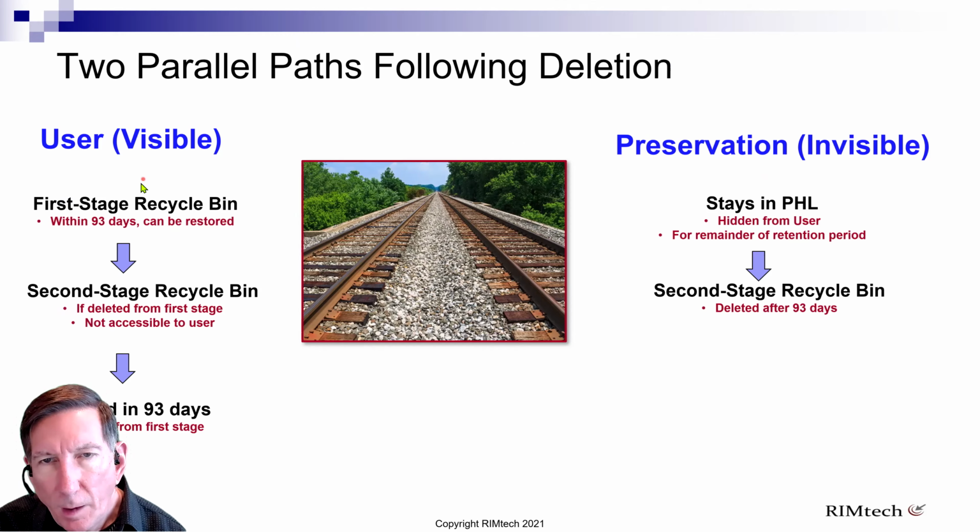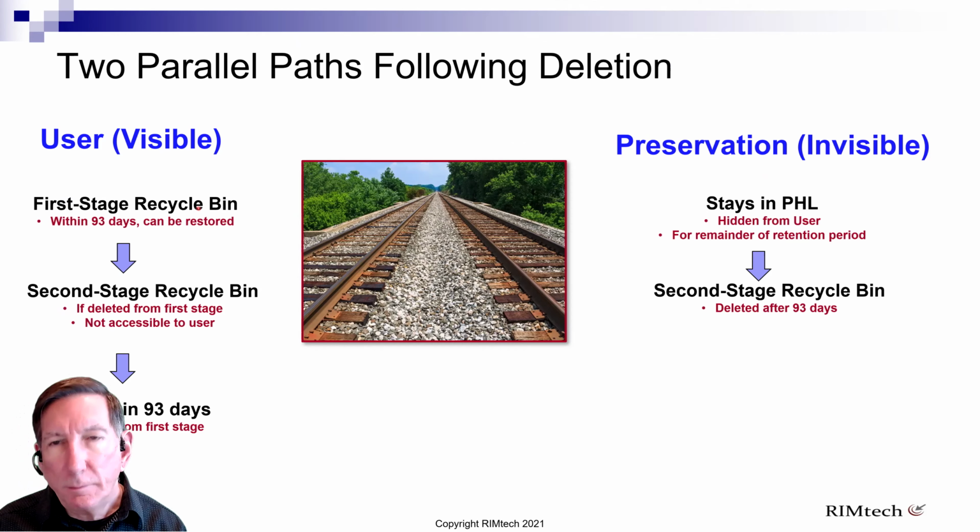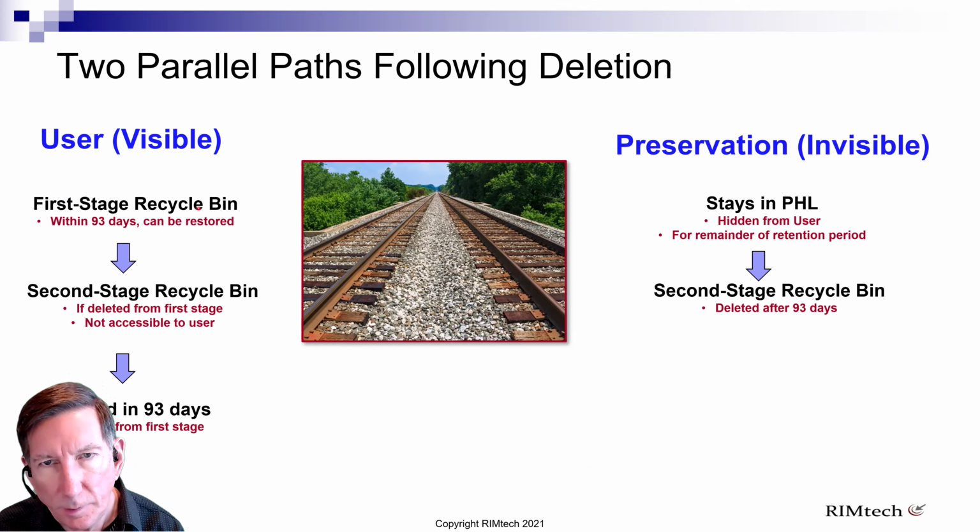The user can delete that document, and what happens is it will end up in a recycle bin. That's the recycle bin, the ordinary everyday recycle bin. We just call it the recycle bin. But there's actually another recycle bin. So now we consider the recycle bin to be a first stage recycle bin.